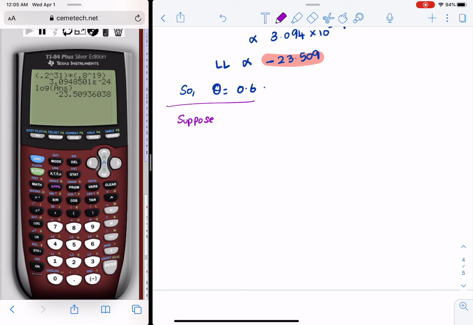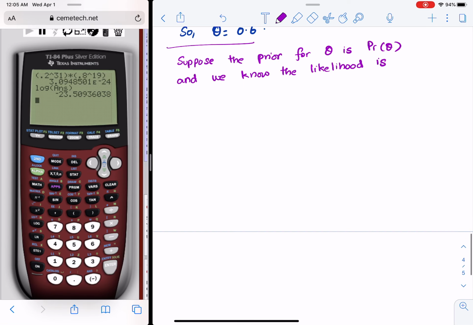So suppose the prior for theta is probability of theta, and we know the likelihood, the probability of the sample x given theta, is proportional to theta raised n times x bar, 1 minus theta raised n times m minus x bar.